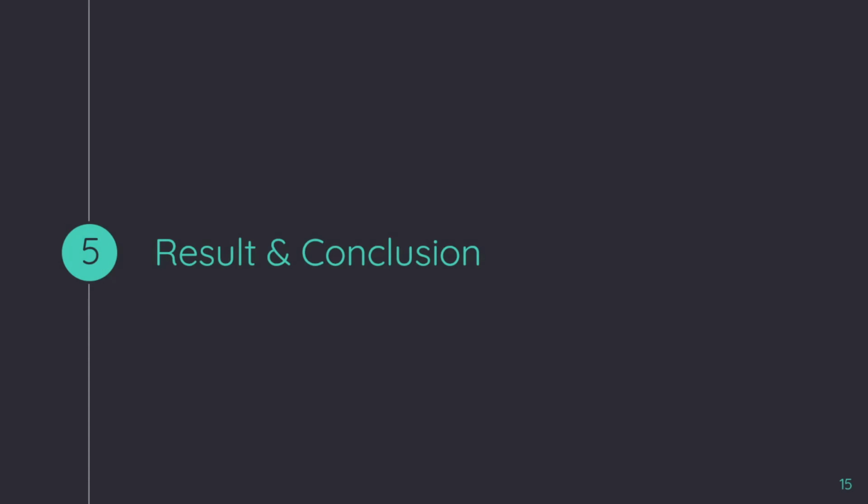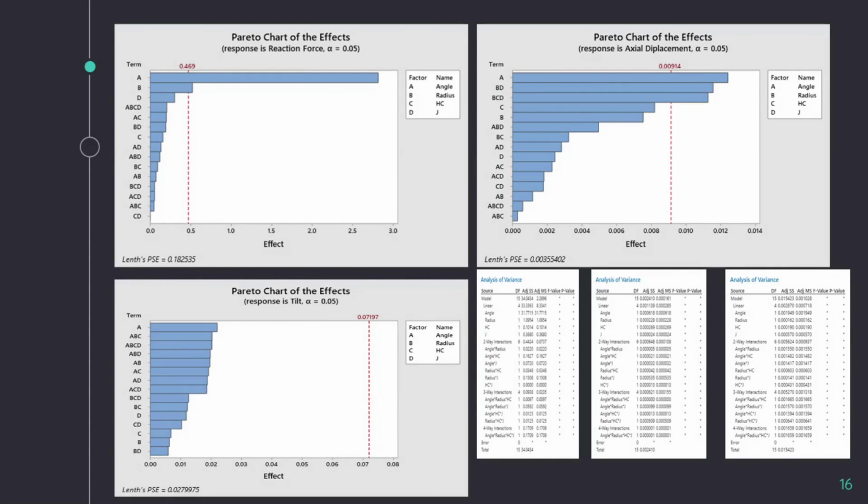So for the result and the conclusion, this is the graph result from Minitab, which is a Pareto chart of effects. It determines which parameter has the most influence on the biomechanical stability of the IOL. As we can see, the angle and the radius are the most important factors in determining reaction force and axial displacement.